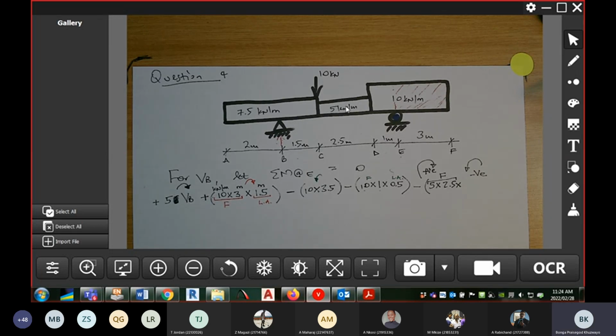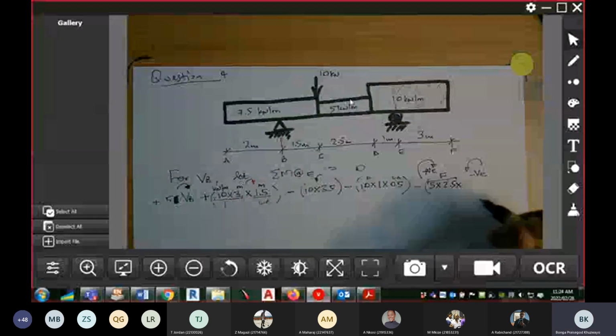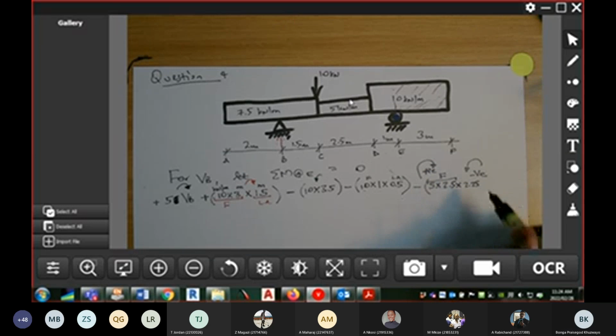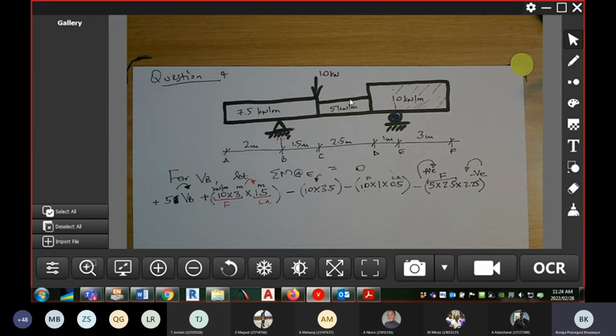Okay, the force is there. So the lever arm is 2,25. And then let's move on to the last load, 7,5 kilonewton per meter.